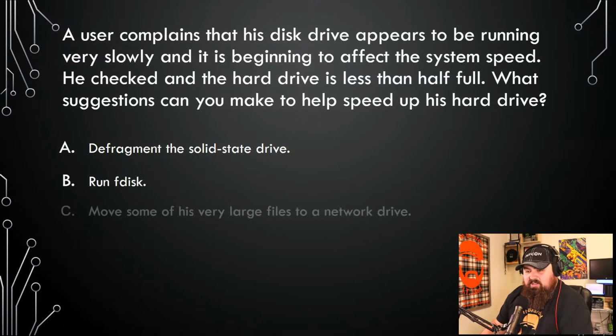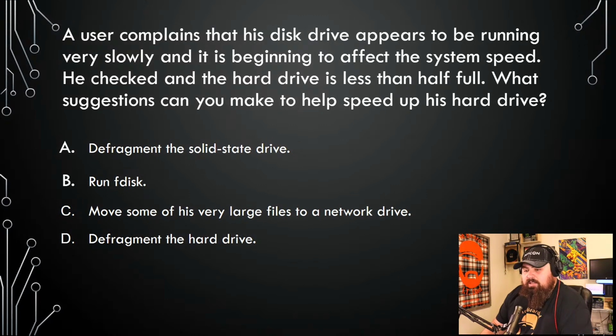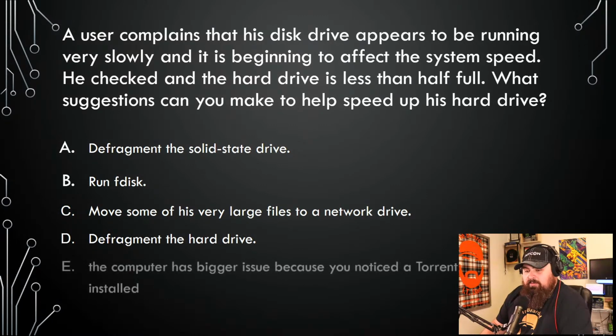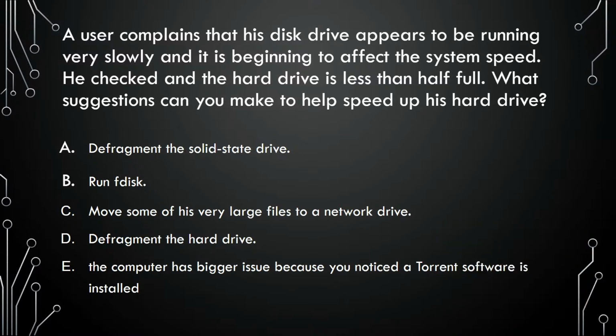B, run fdisk. C, move some of the very large files to a network drive. D, defragment the hard drive. E, the computer has bigger issues because you noticed torrent software is installed. Which one of the following is the correct answer here? Let me know in the chat, everyone.